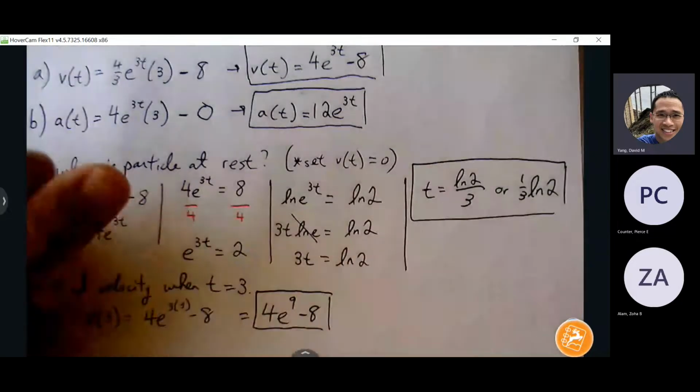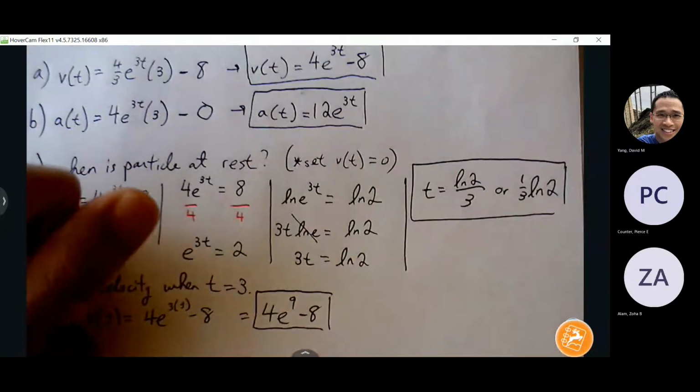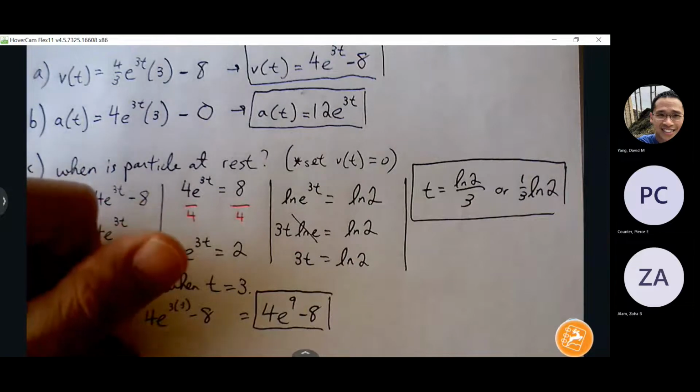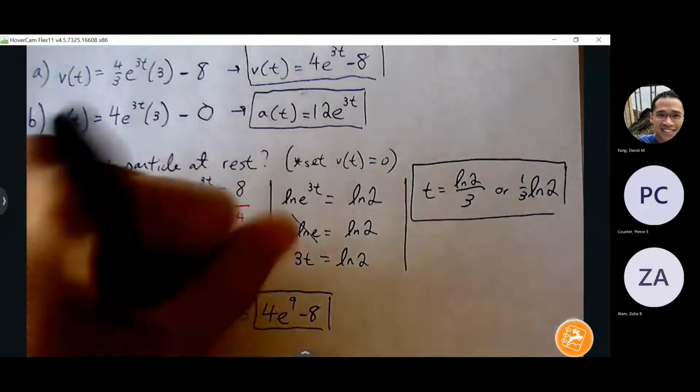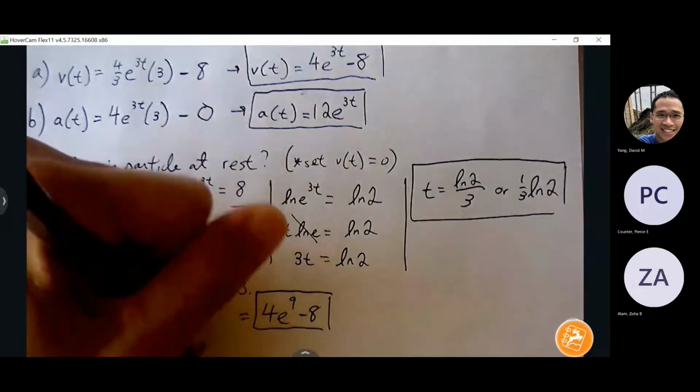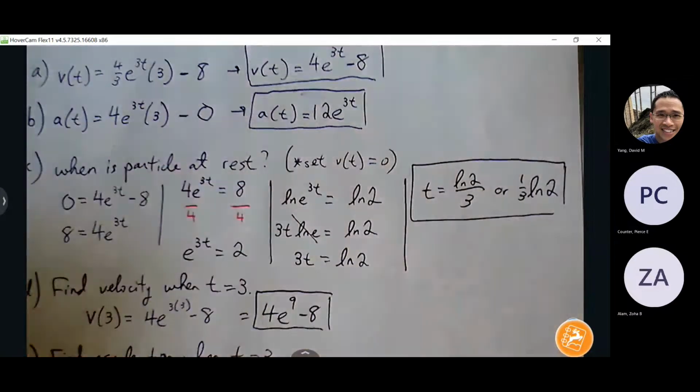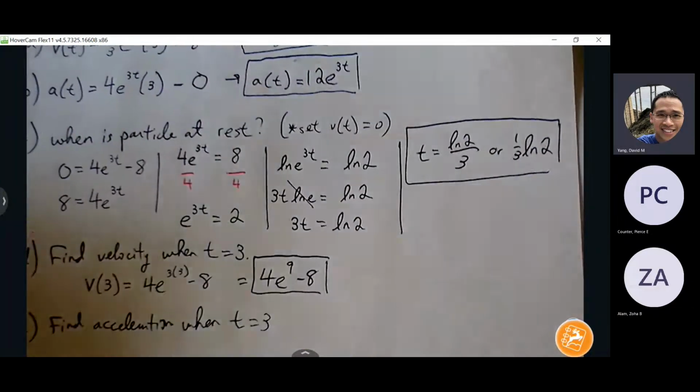All right, part E, find acceleration. Just insert 3 into the acceleration function.